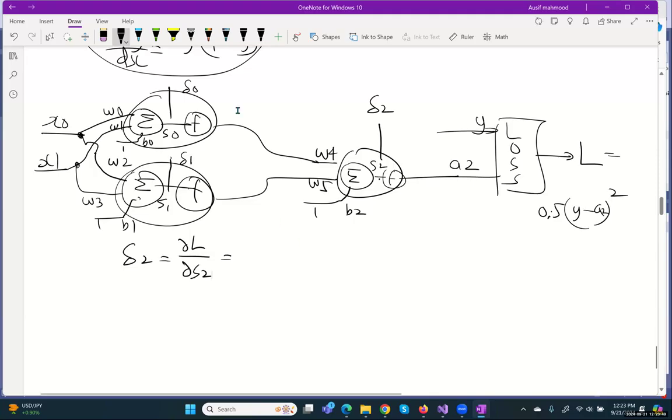Now how many parts are involved? Which will be partial L over partial A2 times partial A2 over partial S2. Everybody agrees? So what is partial L over partial A2?